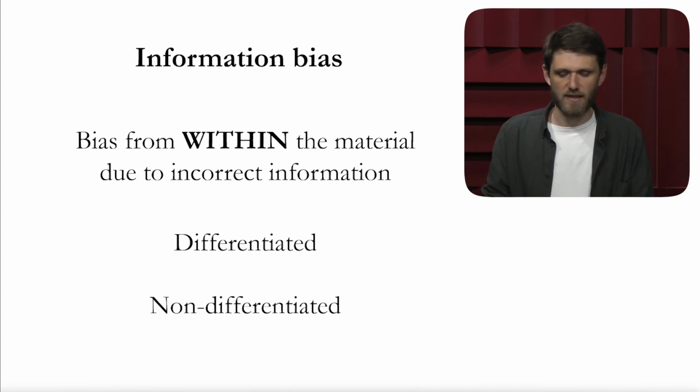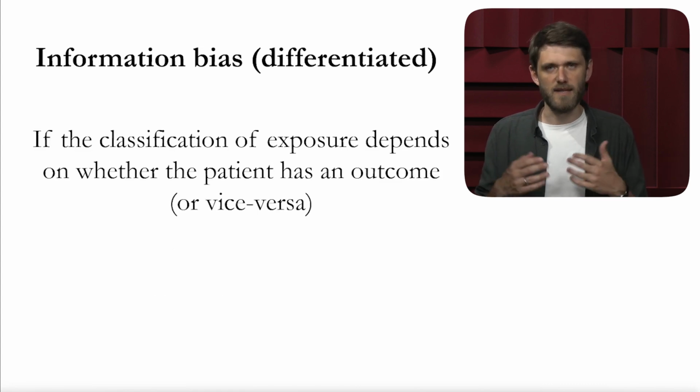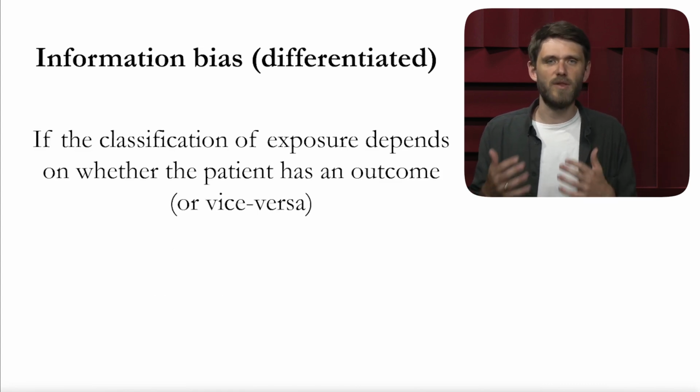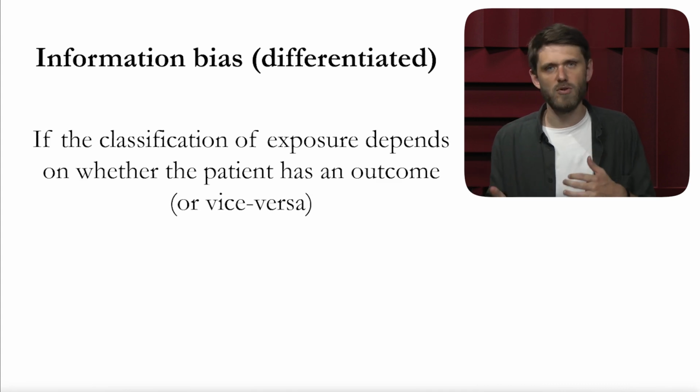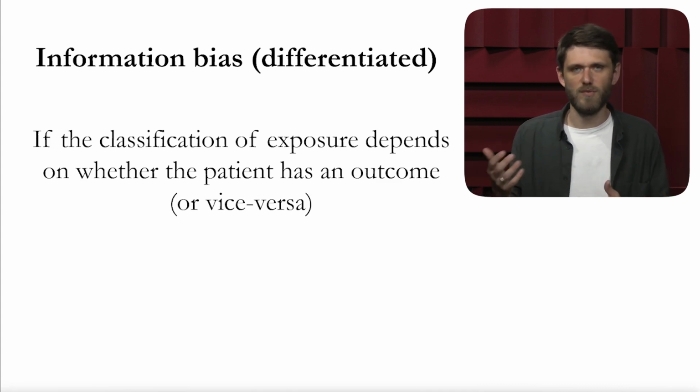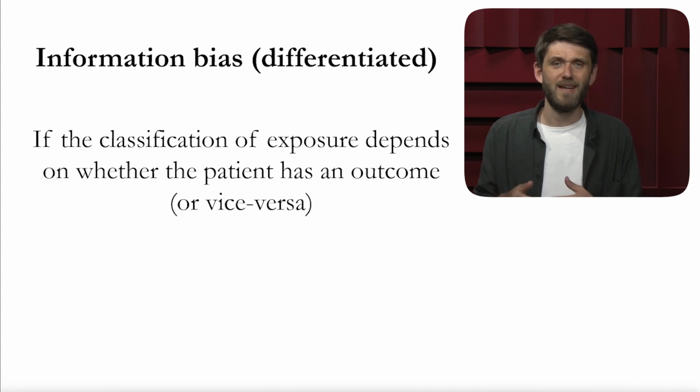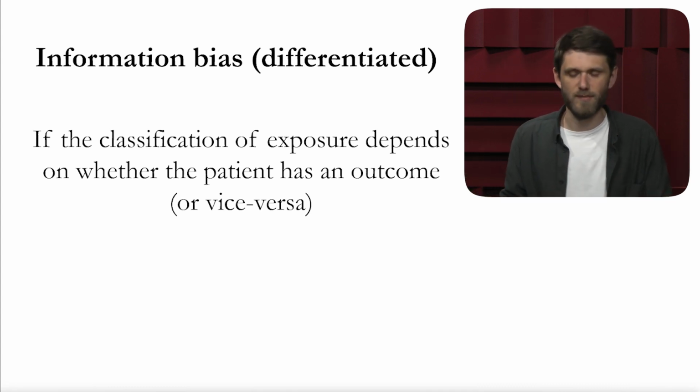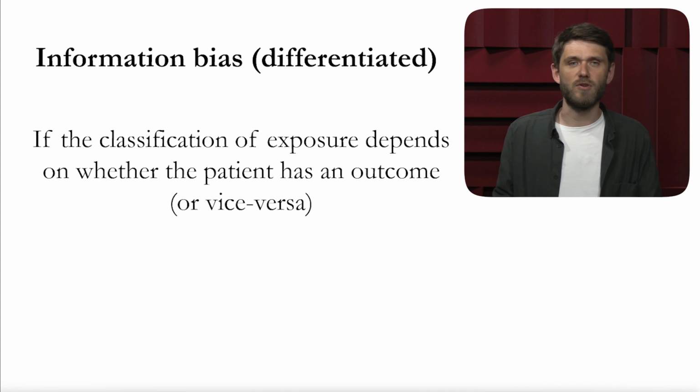So if it is differentiated, that is, it depends on whether the patient has an outcome for the exposure ascertainment, or whether the outcome ascertainment depends on whether the participant is exposed or not.